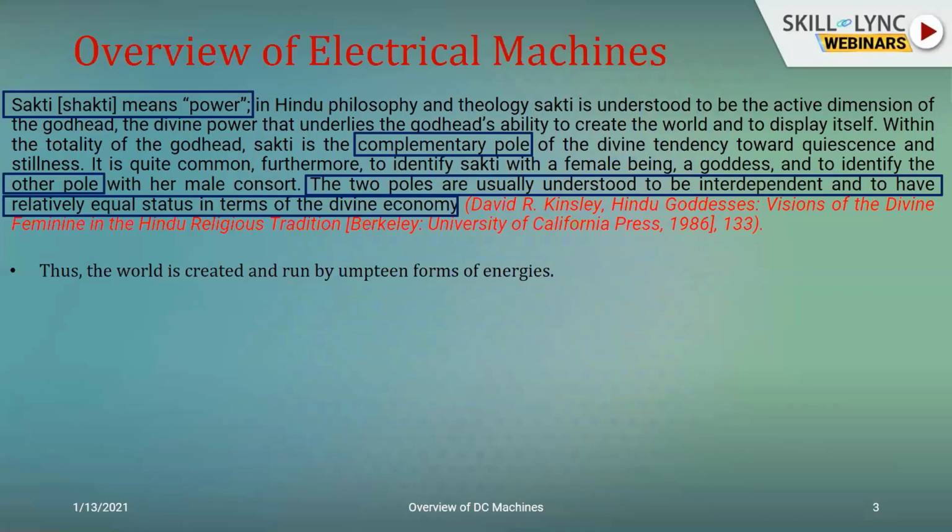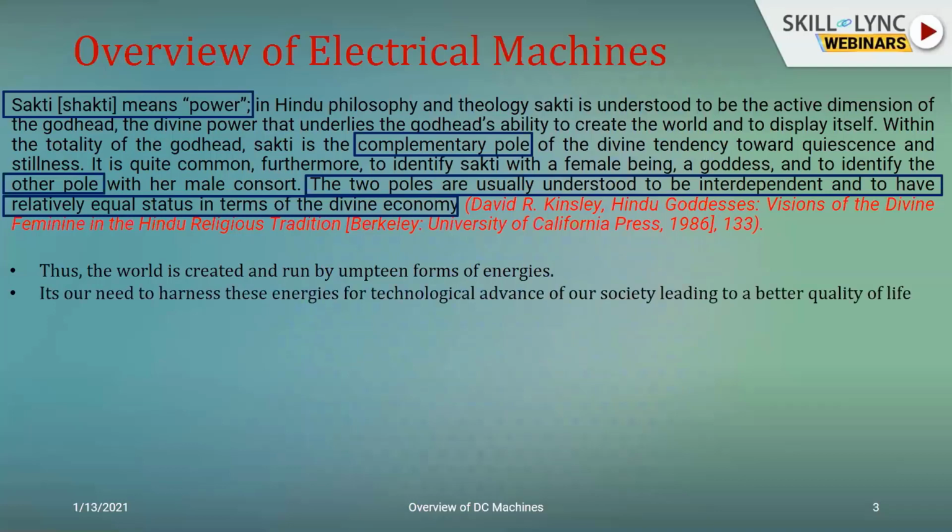Since we talk about Shakti and power, we can conclude from this that the world is created and run by umpteen forms of energies, and we all know that the principle of conservation of energy dictates that energy can neither be created nor destroyed. It can only be transformed from one form to another.